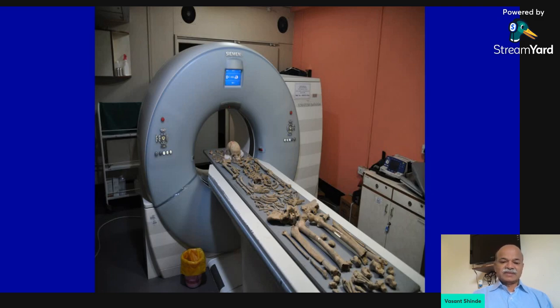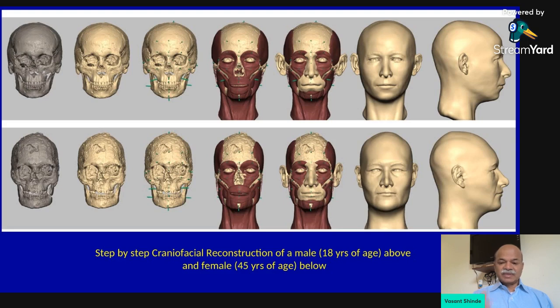So we did CT scanning and got the inner anatomical data. And when we were excavating, we also collected other data, the matrix data, the measurements of the bone, when we excavated the skeletal remains.